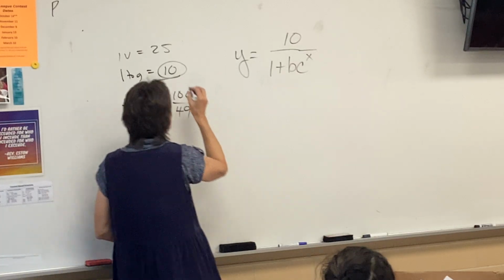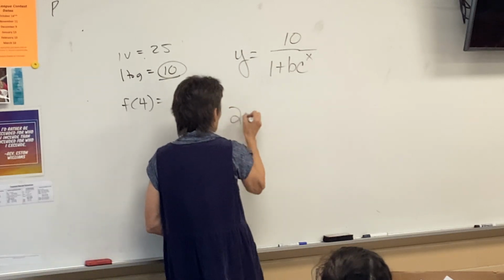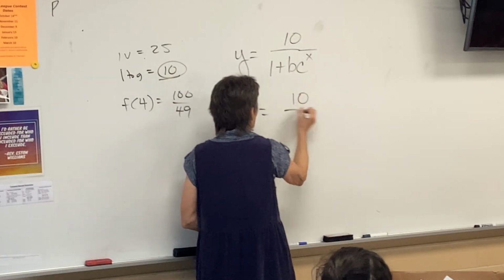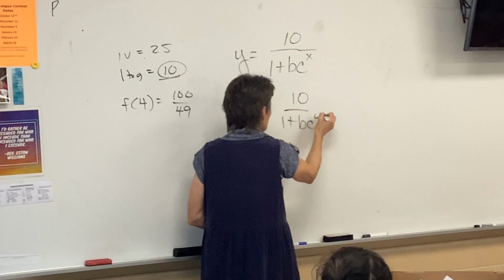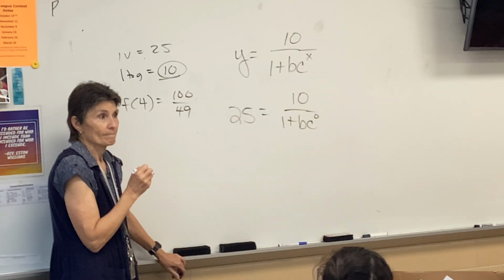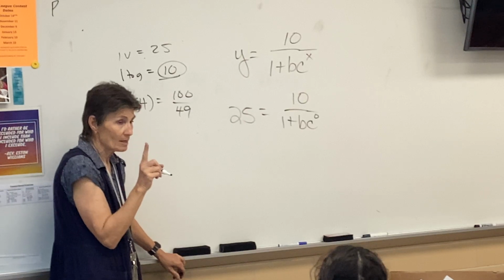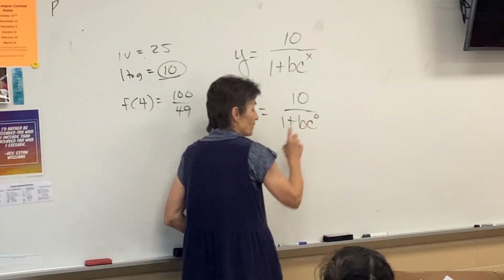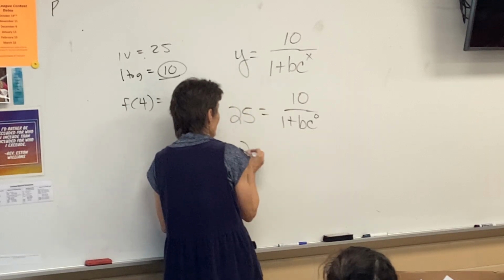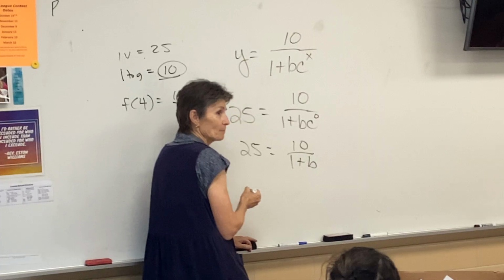Then did you remember that your initial value means you're going to plug in 0 for x? Okay, are you listening to me? Remembering that, what's c to the 0? 1. So basically you have 25 equals 10 over 1 plus b.